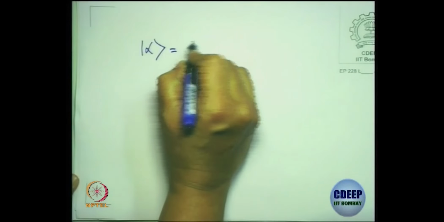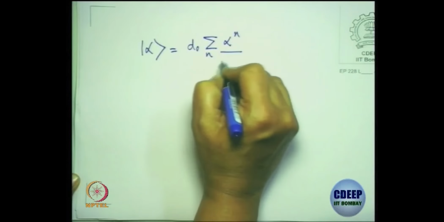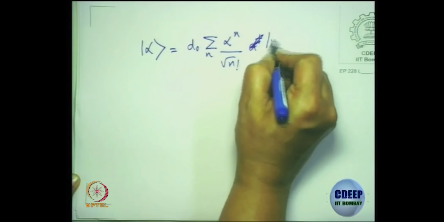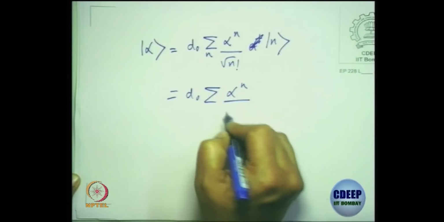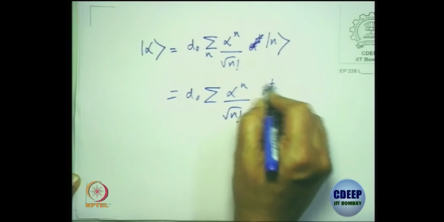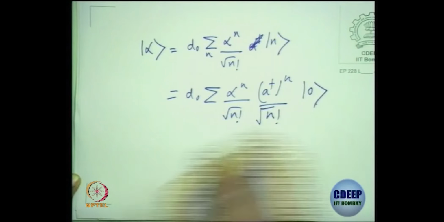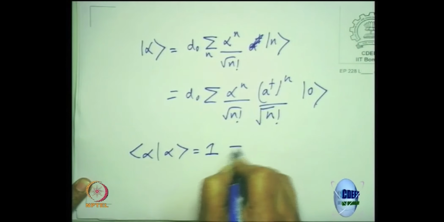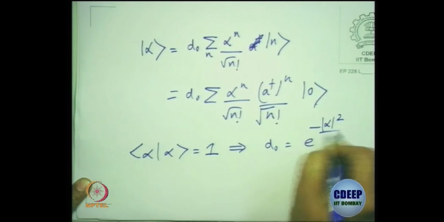So I have written alpha to be d0 summation over n alpha to the power of n root n factorial A dagger to the power of n by root n factorial on 0, and we have fixed alpha to be 1, which implies you get d0 to be e to the power of minus mod alpha squared by 2.